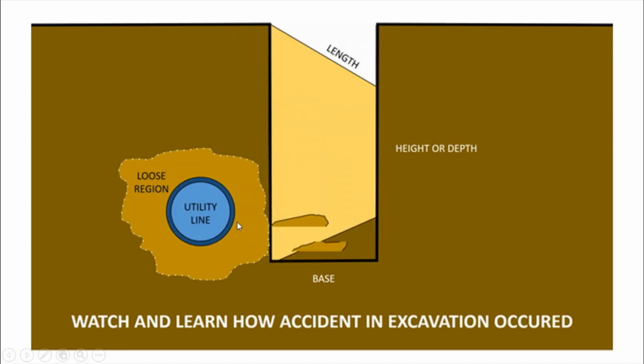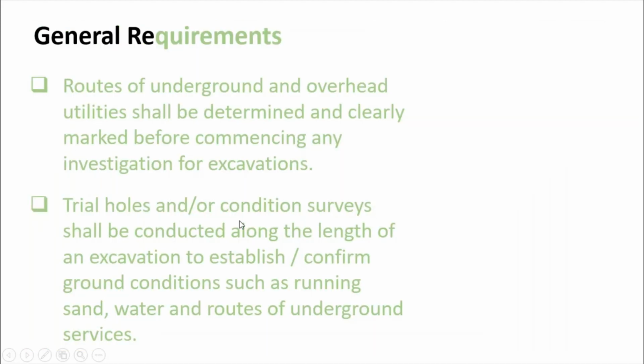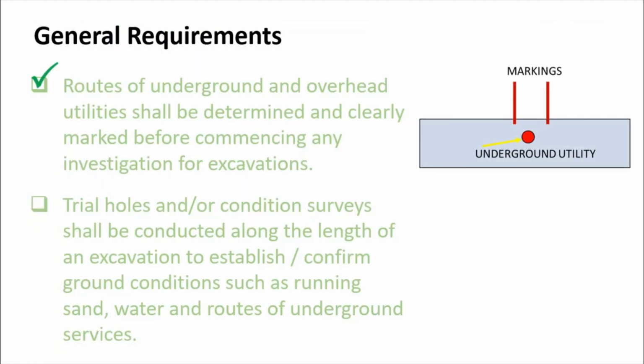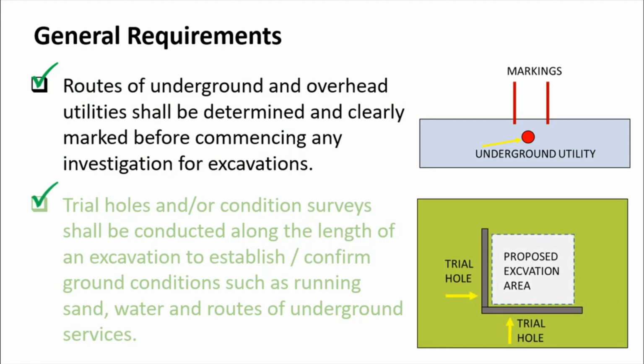Okay, next, general requirements. Routes of underground and overhead utilities shall be determined and clearly marked before commencing any investigation for excavation. So what we need to do is check the as-built drawings for underground and overhead utilities in the area that we need to excavate.